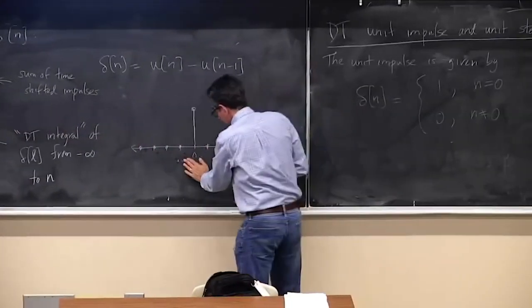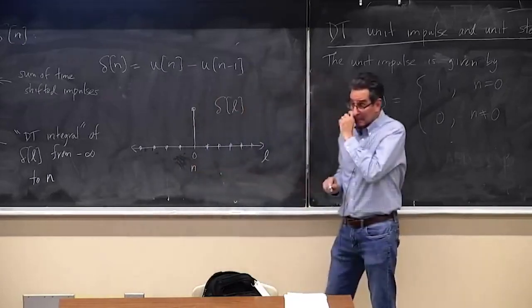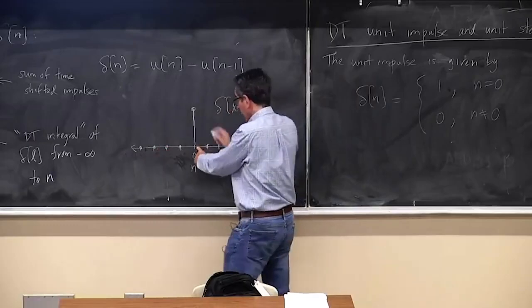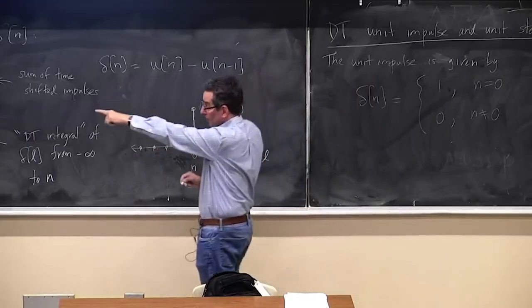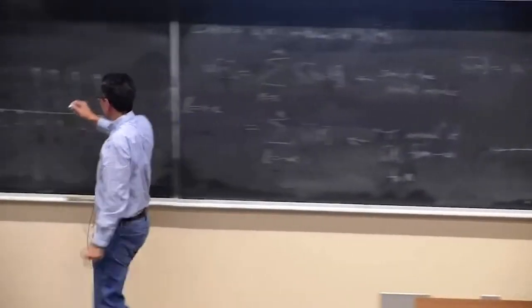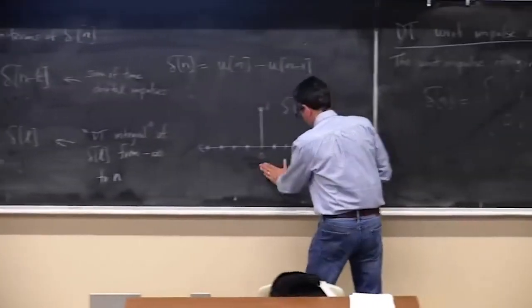What happens when n happens to be exactly 0? Then I add up a whole bunch of zeros from minus infinity up to here, and then I get 1. So u of 0 should be 1, and that's exactly what we want it to be. I should have indicated the height here. These are all height 1. What happens when n is positive?